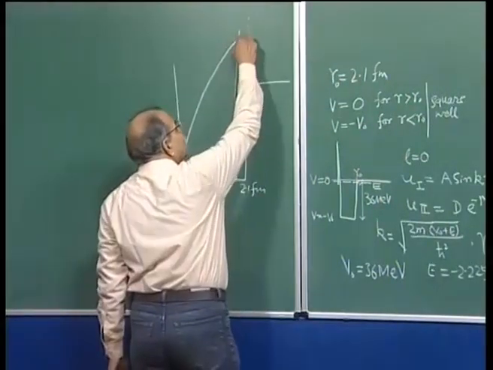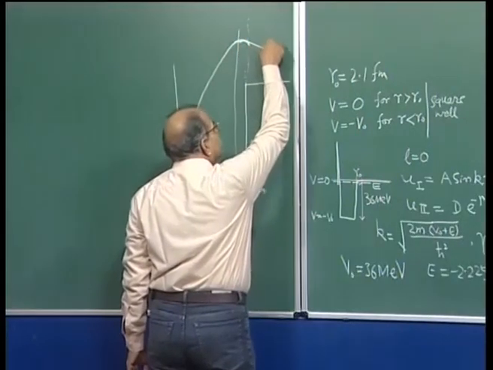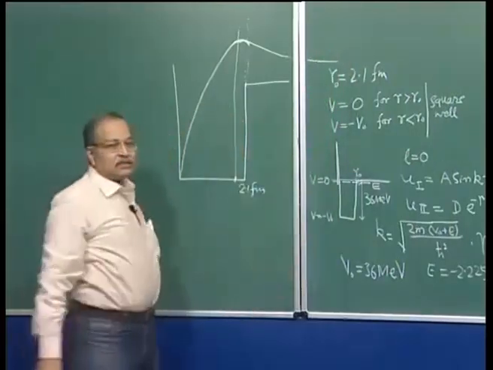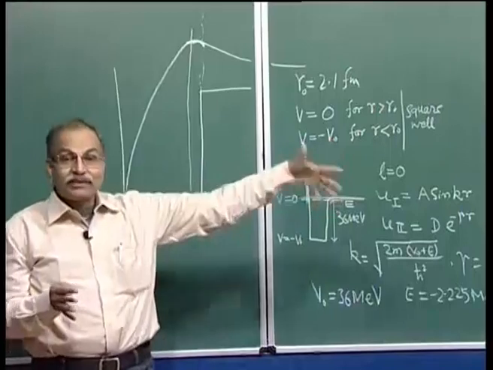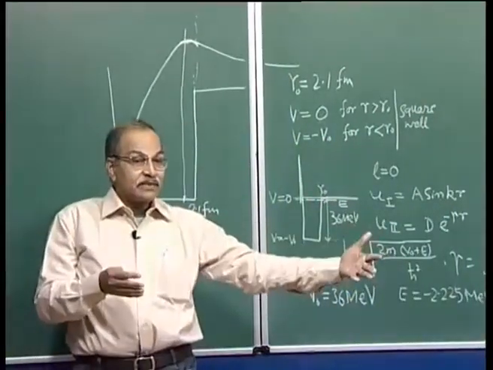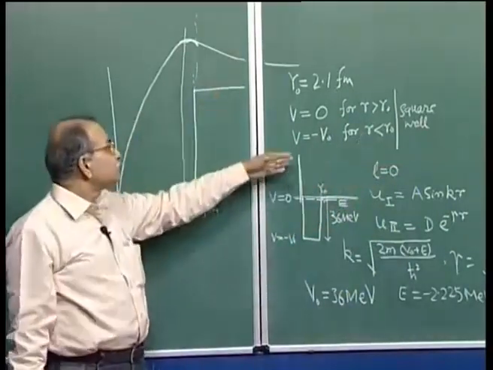So it will be going almost like this. This is exponential decay. The characteristic length is that 4.3 femtometers. By that distance it reduces to 37%, it becomes about 1/3 of that. So it is a slow decrease.